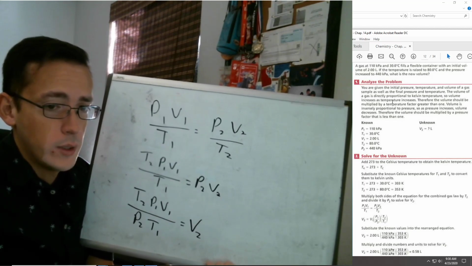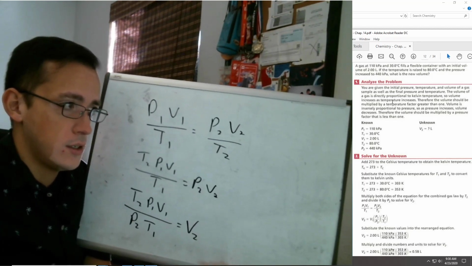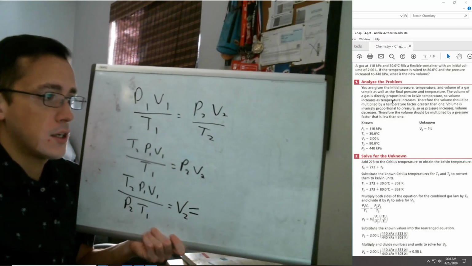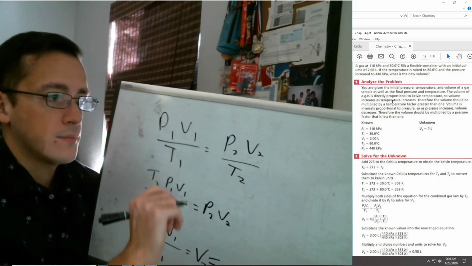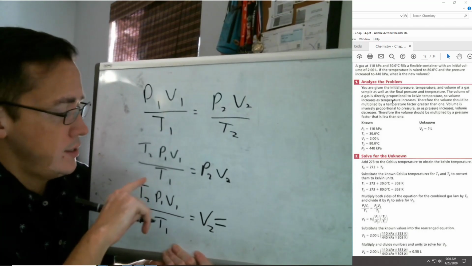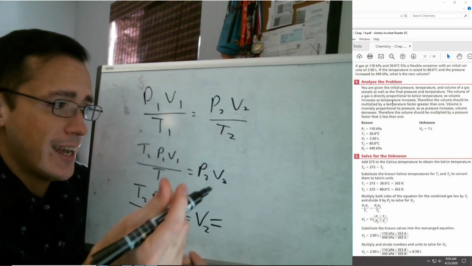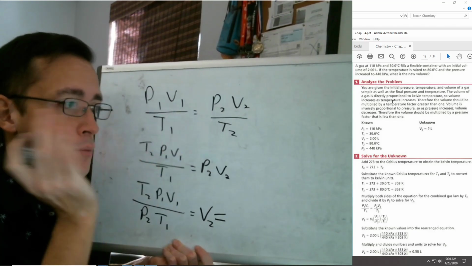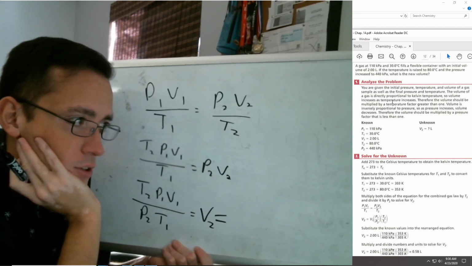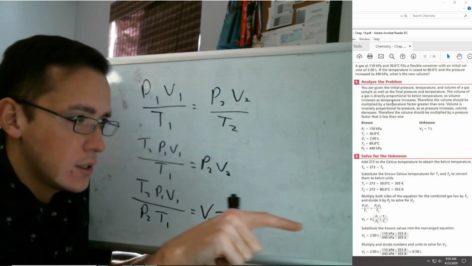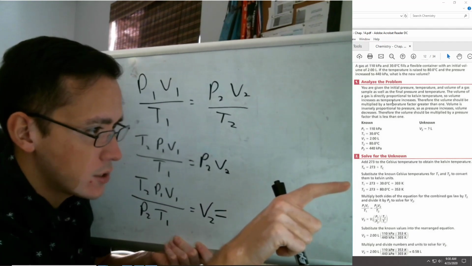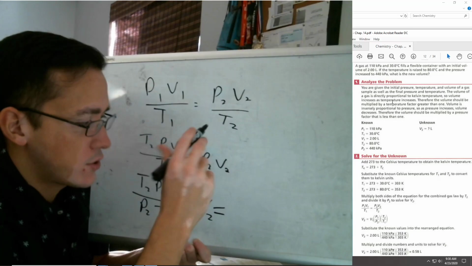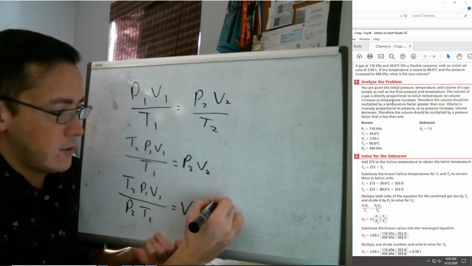Now we get to plug in all of these values into our calculator and let it do the heavy lifting, unless you want to do all this multiplication. I see I need to put T2 in here, but I can't just put T2 in there because the temperature that it gave us was in Celsius, and we know that we can't use Celsius, we have to use Kelvin. So we switch it to Kelvin. 273 plus 30 gives us 303 Kelvin.